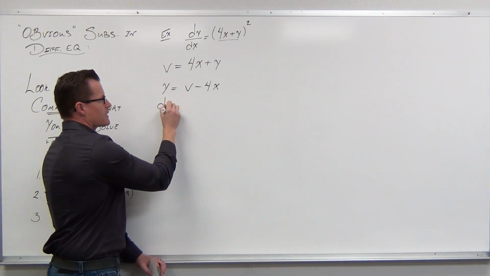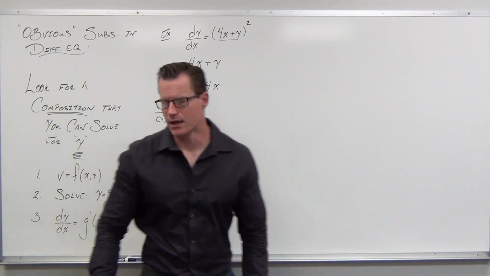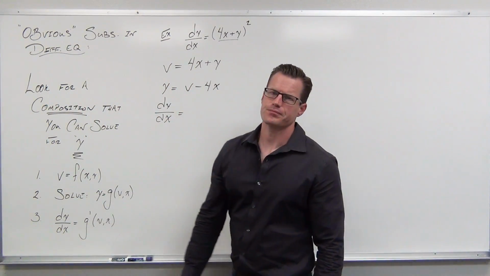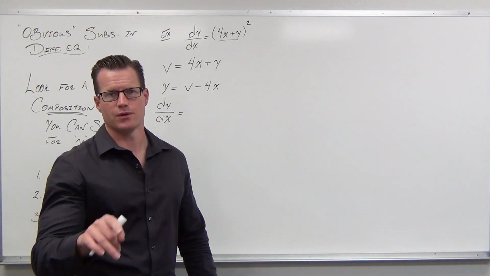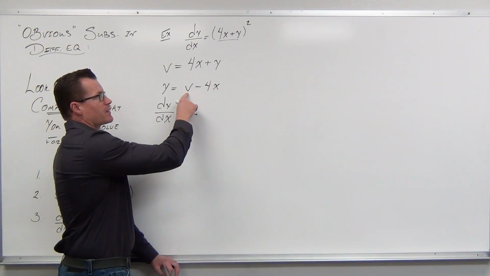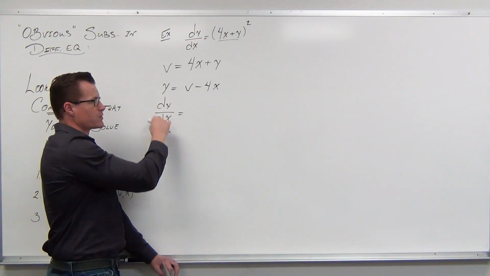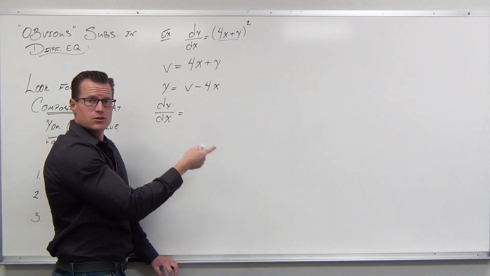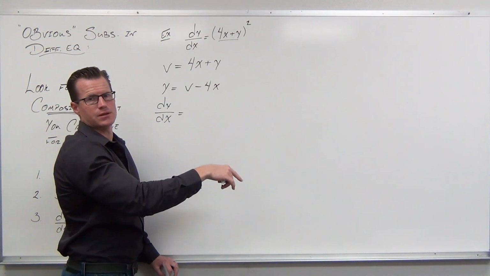So dy dx equals, one big note you might want to write down, or at least realize right here, this is always going to involve a chain rule, just like when we solved those homogeneous equations. What I mean by the chain rule is that right there, that's a function of x and y. So when we take this with respect to x, so we're taking a derivative of y with respect to x, well, we have the derivative of v as 1, sure, but there's a hidden function there, possibly.